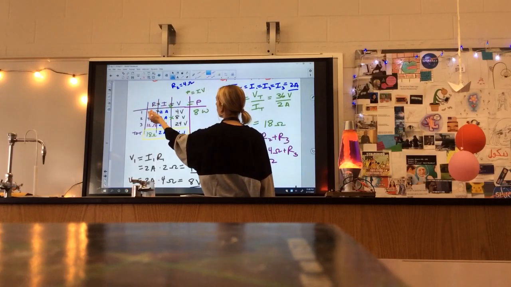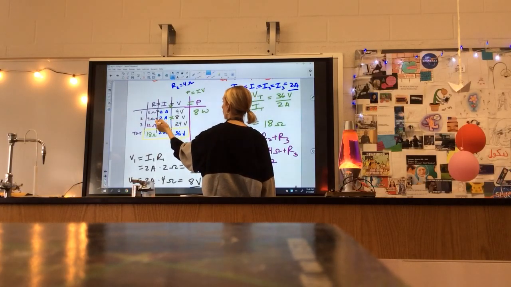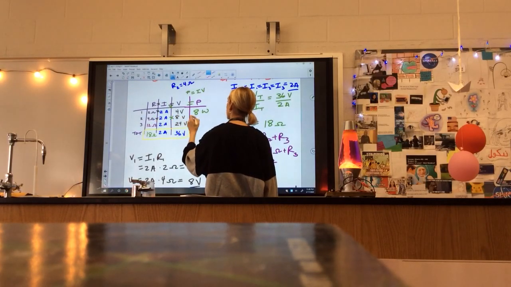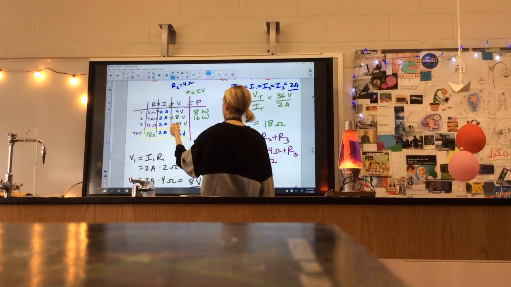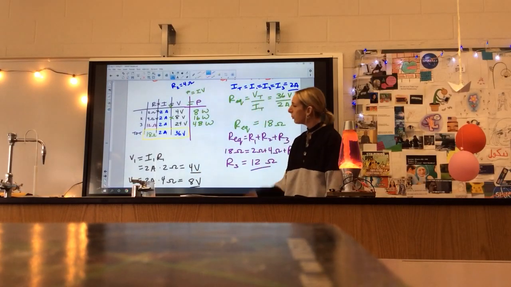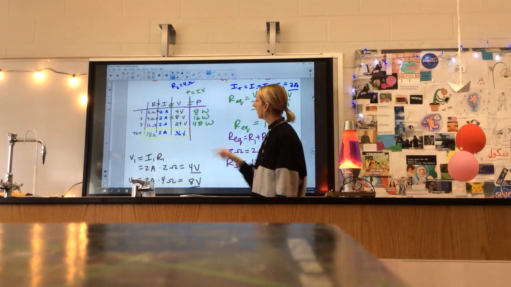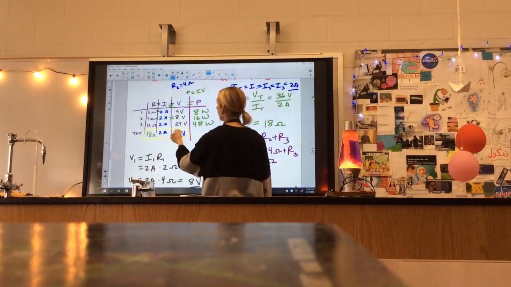So I'm finding power dissipated to resistor 1 was 8 watts. Power dissipated to resistor 2 will be 2 amperes times 8 volts, which is 16 watts. Power dissipated to resistor 3 is going to be 24 times 2, which is 48 watts. By the way, as a check, power total should be additive and should be equal to what we multiply across here.